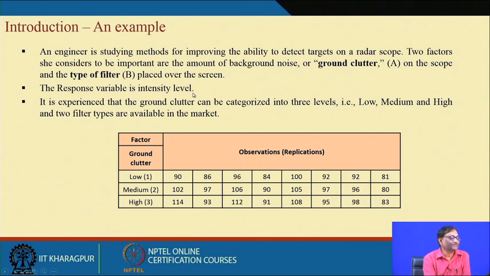In this example we are considering only one factor, ground clutter, which has three levels: low, medium and high. As in earlier lectures, we assume this data comes from a one factor experiment with ground clutter level at low, medium and high, and there are 8 observations or 8 replicates against each of the 3 factorial settings or treatment levels.